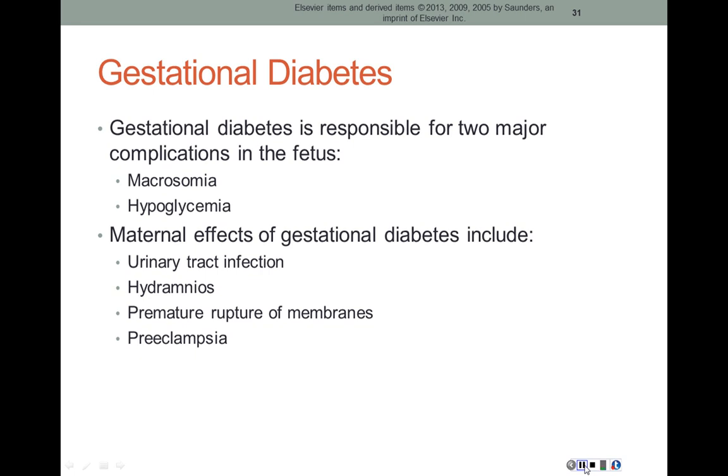So what we would like to see happen is that we've got preconception care, and mom can find out, number one, if she might be at risk for gestational diabetes, but that a lot of times gestational diabetes doesn't have any symptoms. So we want to make sure that mom's getting good prenatal care and preconception care so that we can be on the lookout for this.